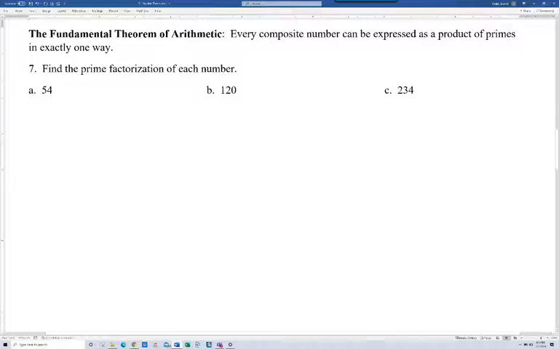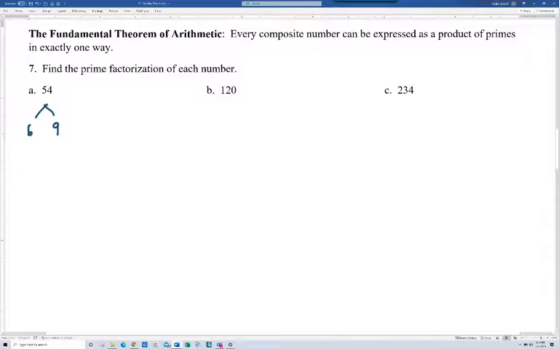All right, so first of all, there's more than one way to do this, but you'll always end up at the same place. And the main thing to remember is as you're breaking these numbers down into their factors, we're looking for prime factors. And so 54, when I think of 54, I think of 6 and 9 as factors.